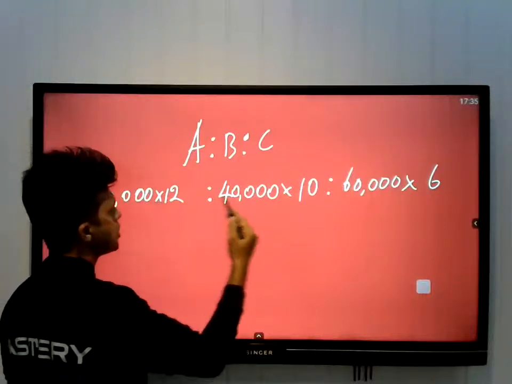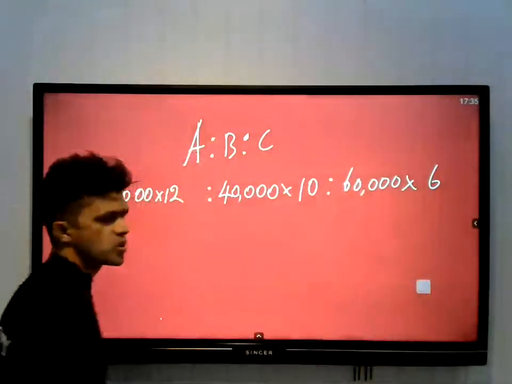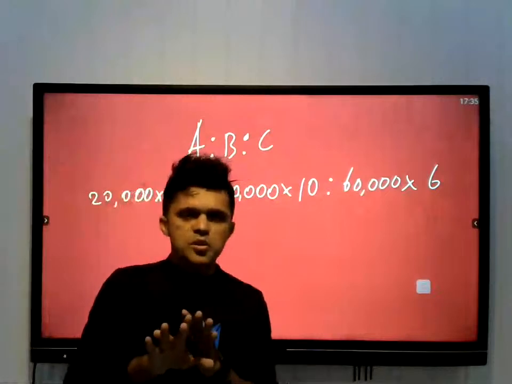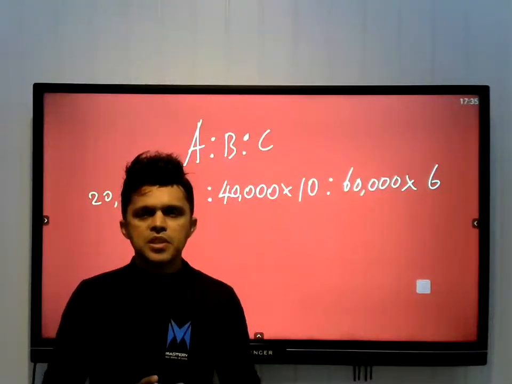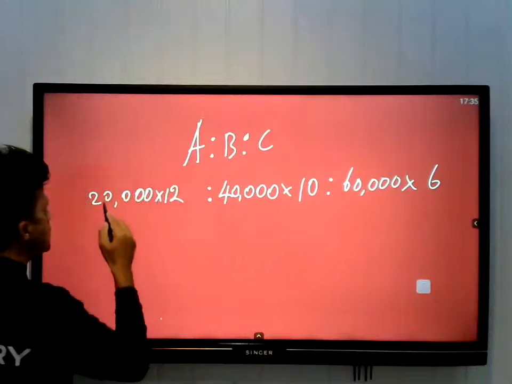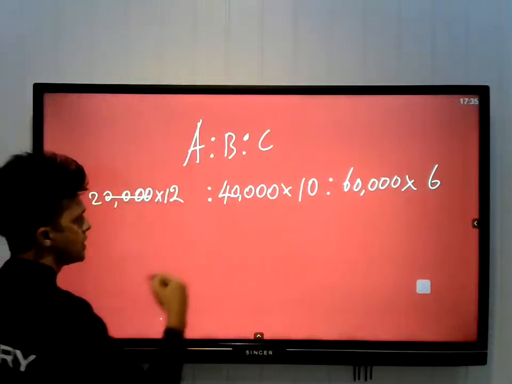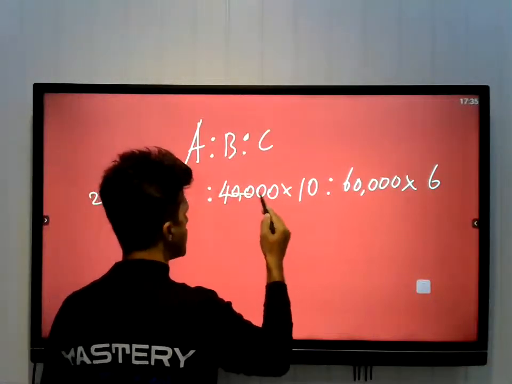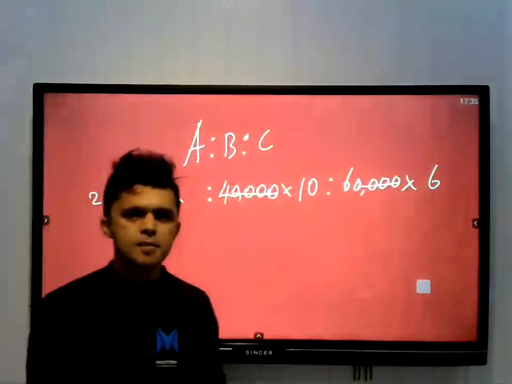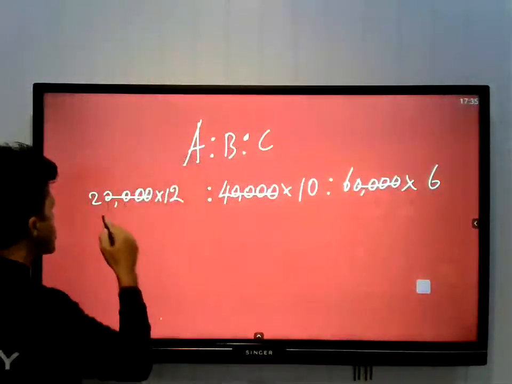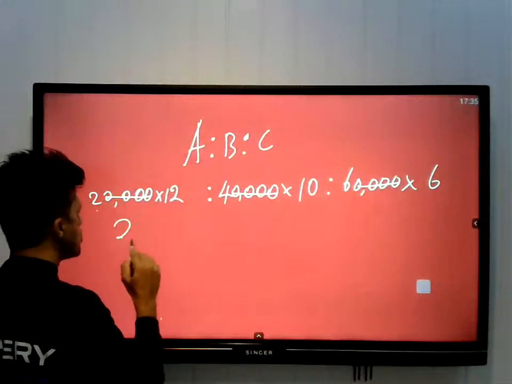Here 4 zeros, here 4 zeros, here 4 zeros. We could divide all the values by 10,000, which means these 3 zeros can be removed, and these 4 zeros can be removed. We can simplify. And also here the remaining value is 2.